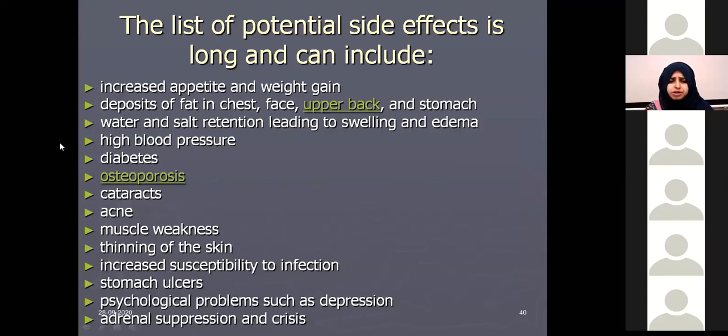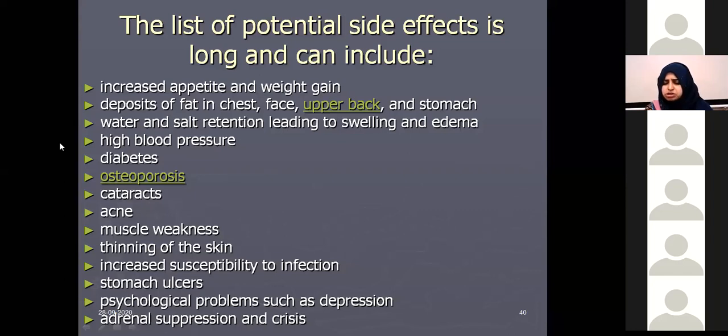So it is going to affect the sex hormones as well, all the androgenous hormones. That's why the patient is more prone to have acne. Especially if youngsters use it, it can cause acne and other hormone disorders like menstrual disorders. Muscle weakness is there, thinning of the skin is there.